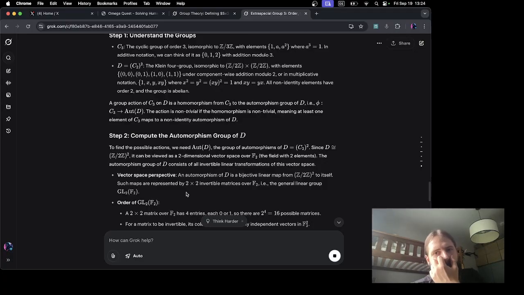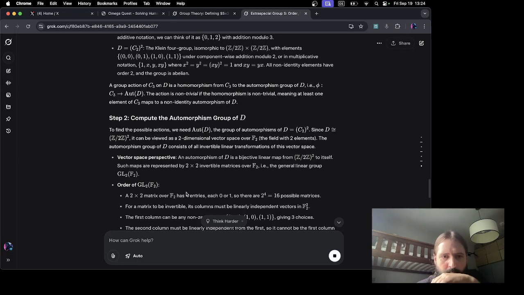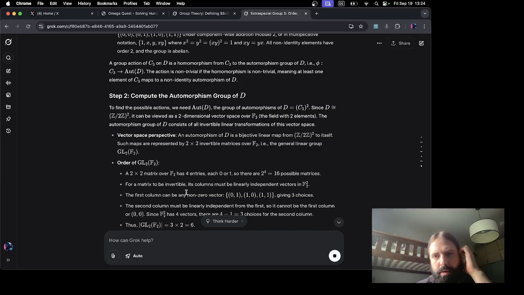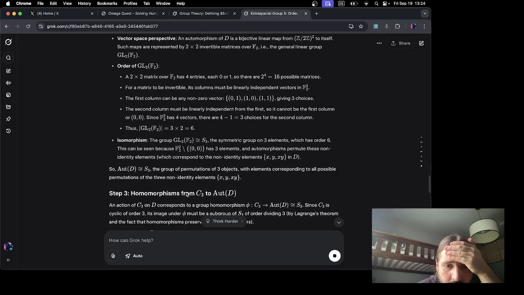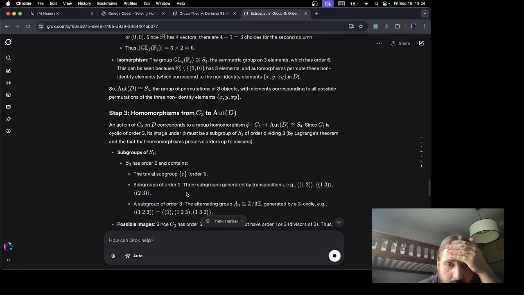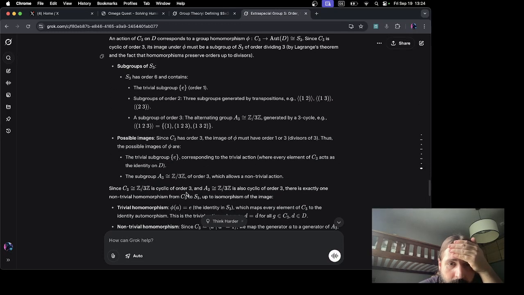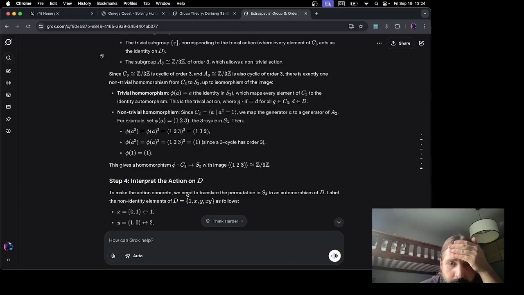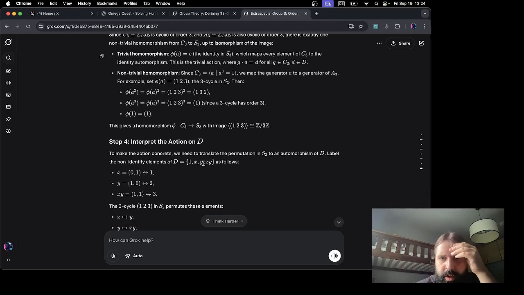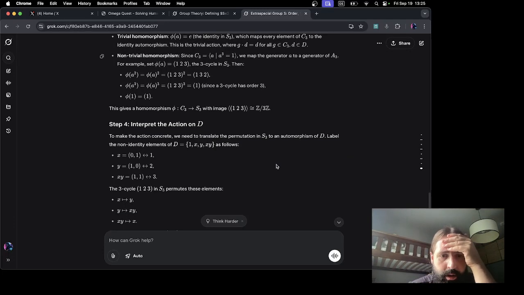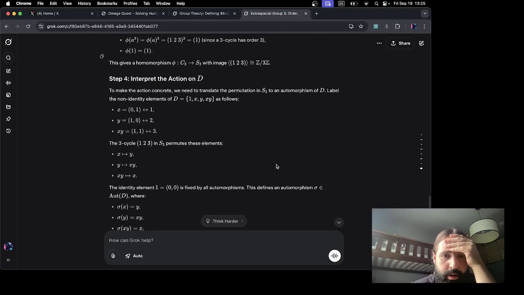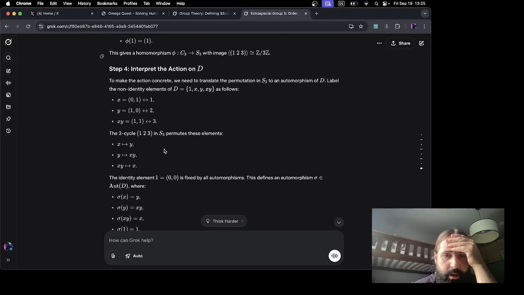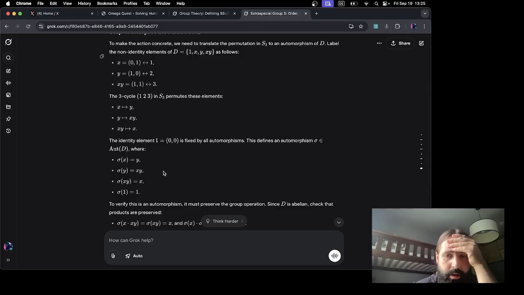Compute the automorphisms of D. I don't know if it's thinking too much, but to make the action concrete, we need to translate the permutation in S3 to an automorphism of D. The 3-cycle in S3 permutes these elements x, y, and so on, with x fixed.